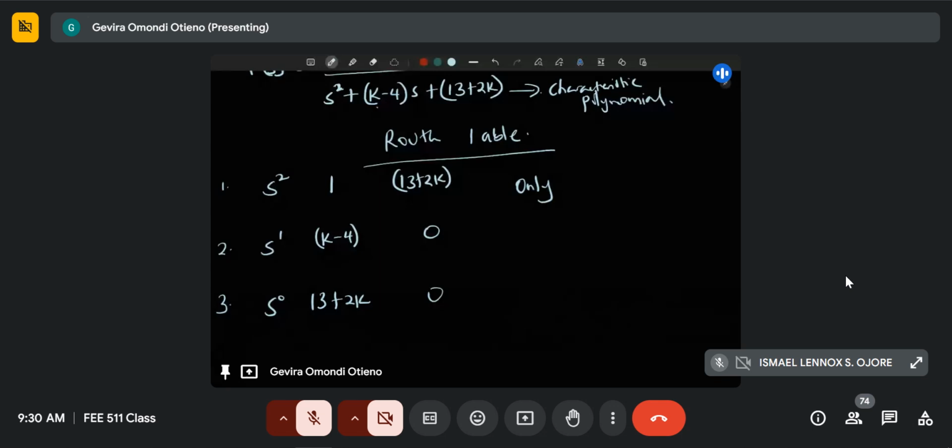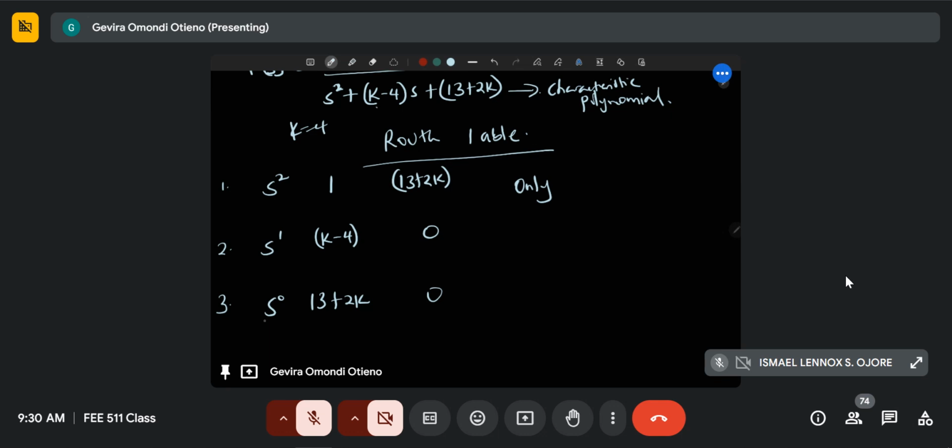The first row cannot go to 0 because you already have an element that is 1. You can't change 1 to 0. The second row can go to 0 for a positive value of K, because if I make K equal to 4, a positive value, then this goes to 0 and this goes to 0.